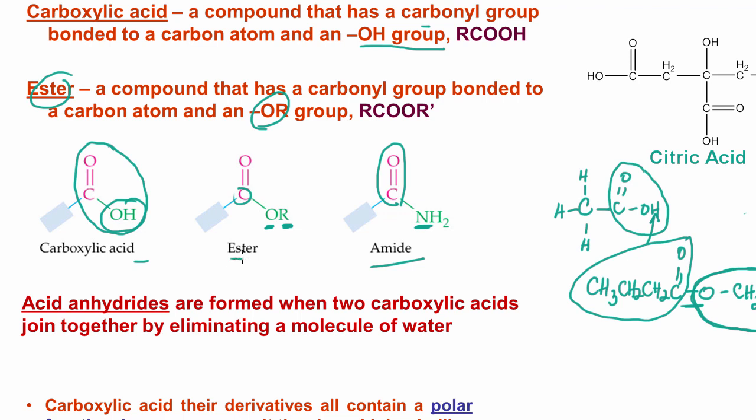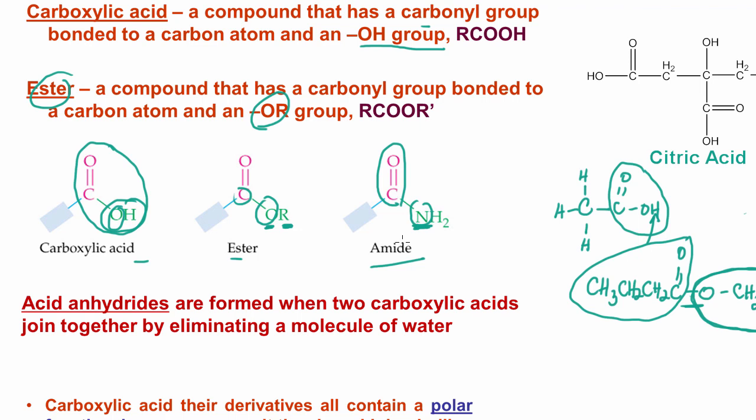We'll talk about amides in a later section, but I think it's a good idea to introduce them here because carboxylic acids, esters, and amides all have one thing in common. Carbonyl carbon is bonded to another electronegative atom. In the case of carboxylic acids and esters, it's bonded to an oxygen. In the case of an amide, a nitrogen. So this means that these types of compounds undergo different reactions than do the aldehydes and ketones.